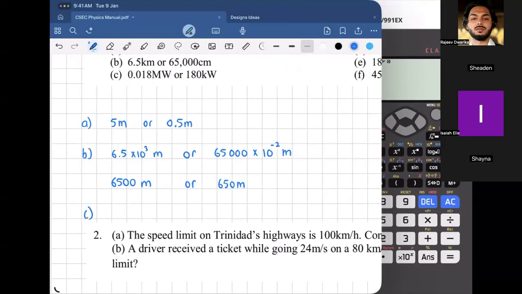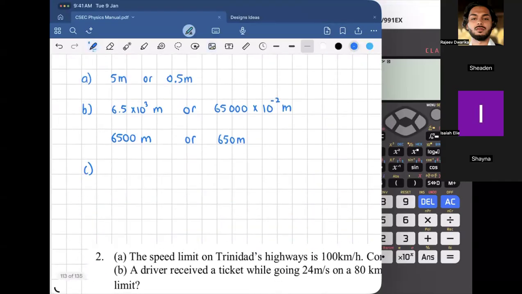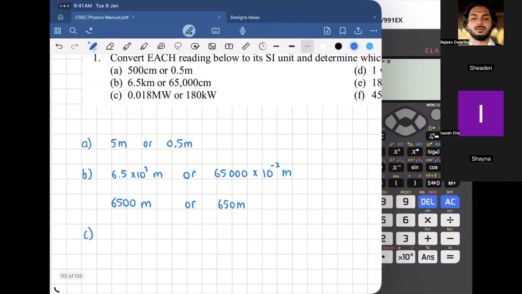Okay, C, 0.018 megawatts or 180 kilowatts. Okay, what are we measuring there? Starts with P. Do you know what watts measure?